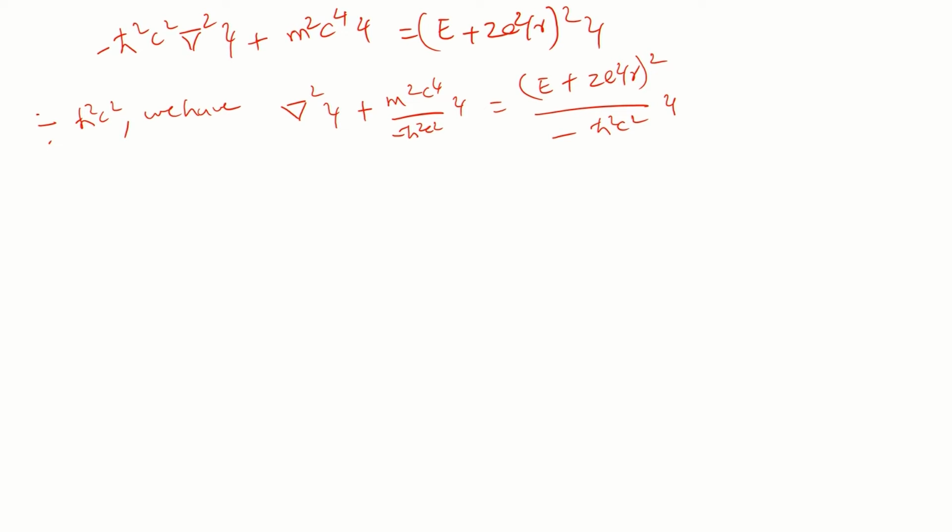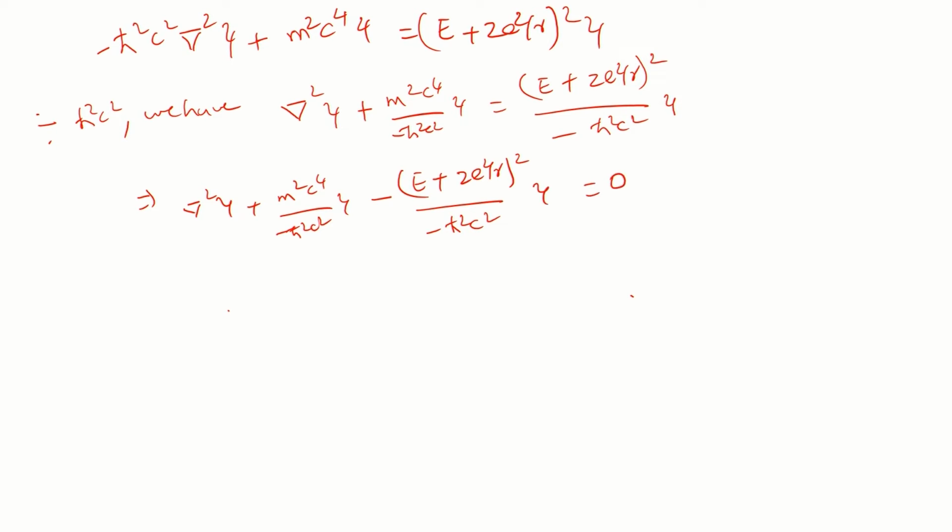Taking this term to left hand side, this will be del square psi plus m square C power 4 by minus H cross square C square into psi minus E plus Z square by R whole square divided by minus H cross square C square into psi equal to 0.